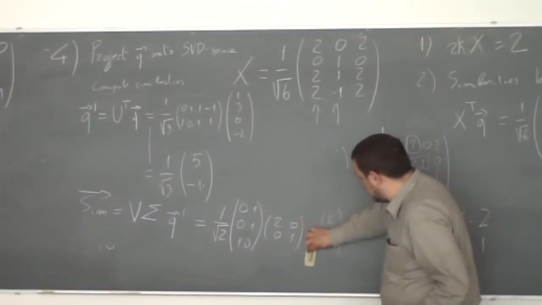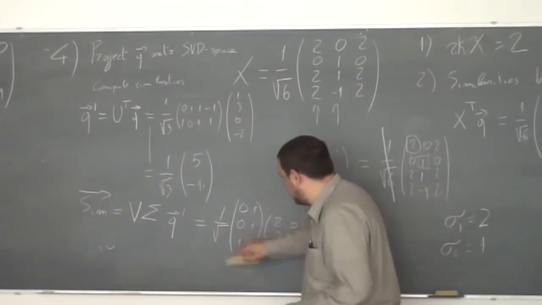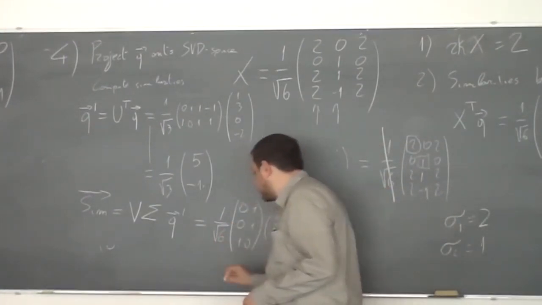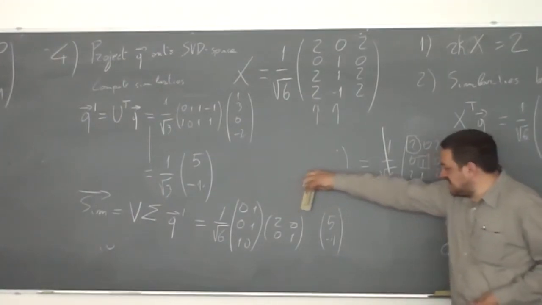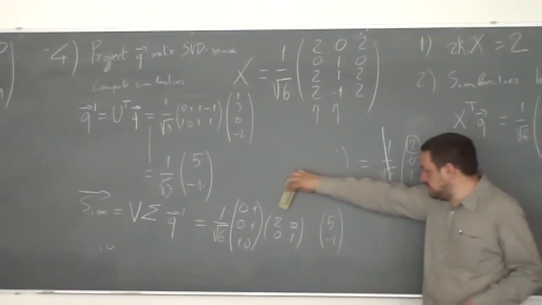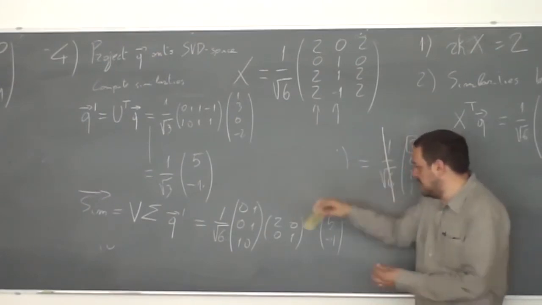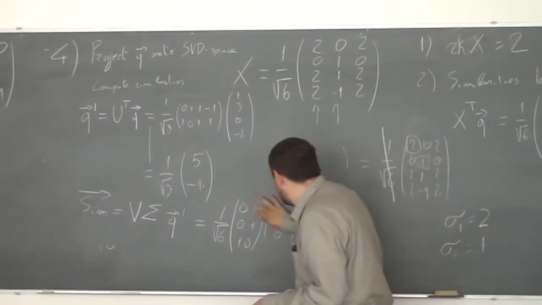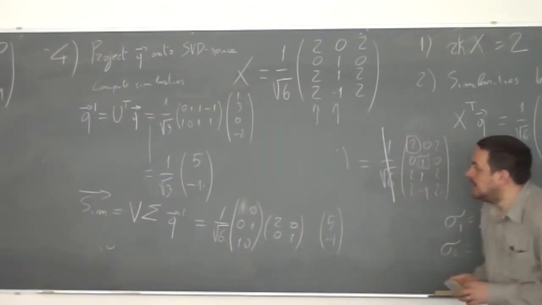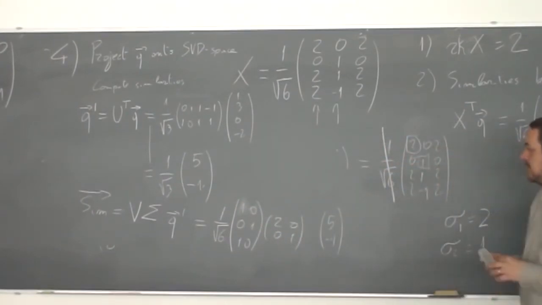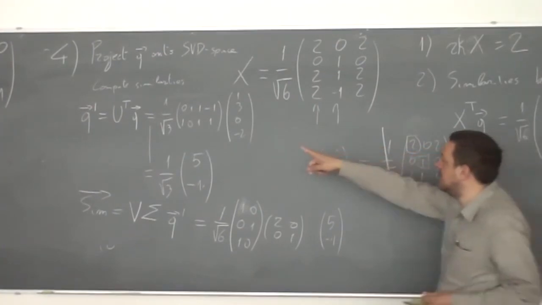Okay, I can collect together the two coefficients. This becomes 1 over square root of 6. Multiplying sigma by, well, now let's multiply, sorry, here was an error. This is 1, 0. You transpose here.